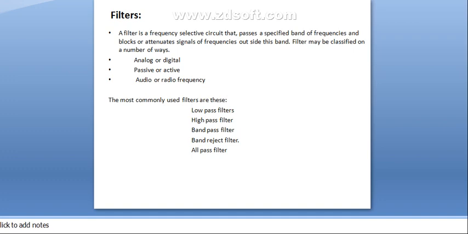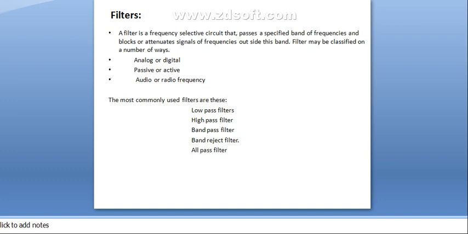It passes a specified band of frequencies and attenuates the remaining frequencies. Only some band of frequencies is passed, so it is a frequency selective circuit.